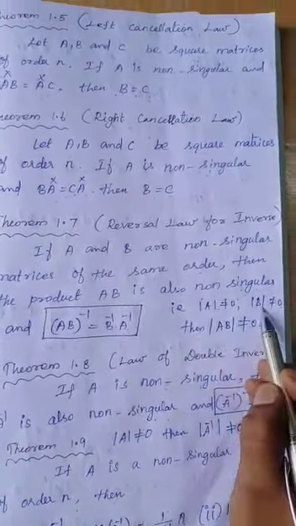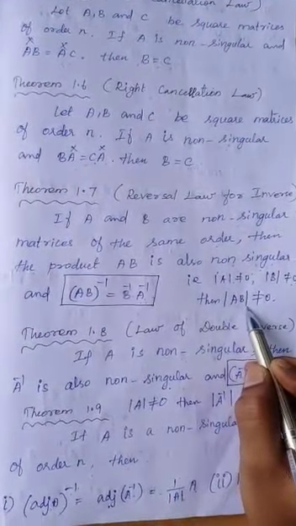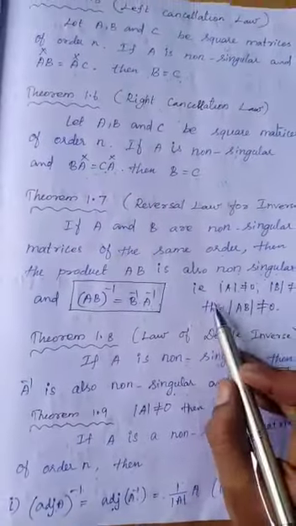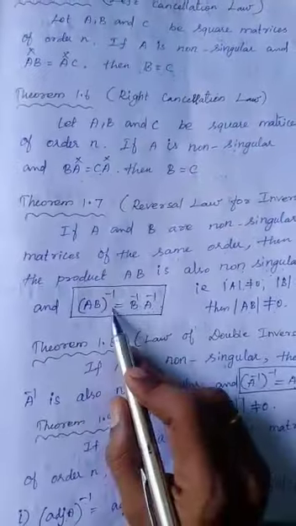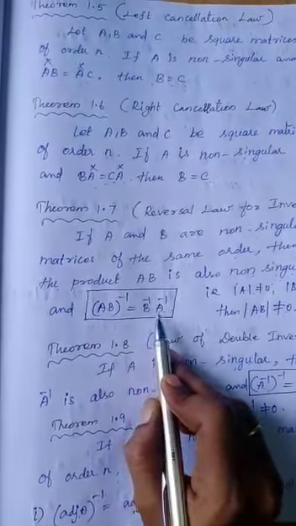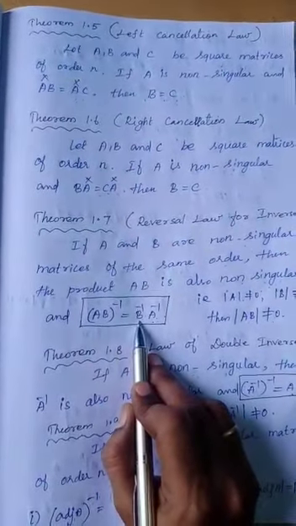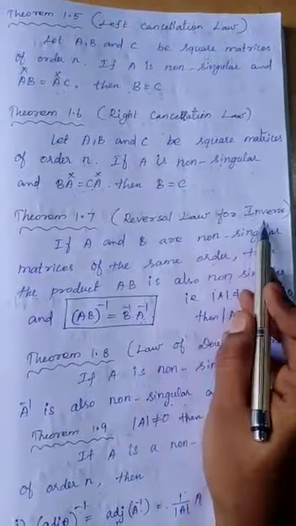Then the product AB is also non-singular, that is, the determinant of AB is not equal to 0. The determinant of AB not being equal to 0 means the matrix AB is non-singular. This is the first thing. And the second one is AB the whole inverse is equal to B inverse into A inverse. We take the inverse of AB, and the reverse is B inverse into A inverse. Only then do we call this the reversal law for inverse.